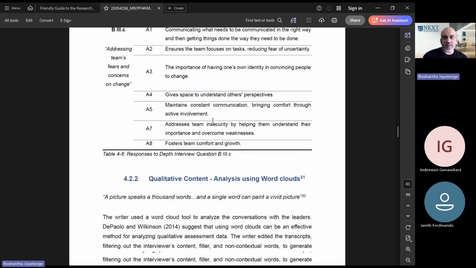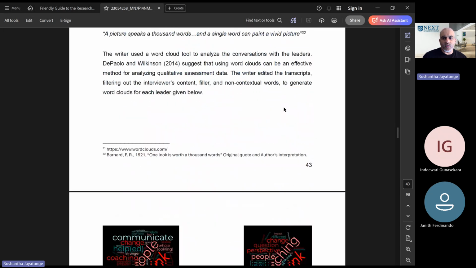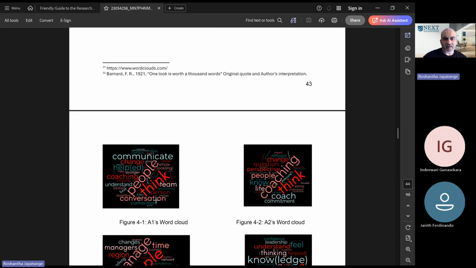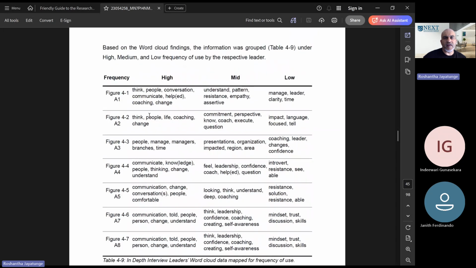Then when I did that, I used word clouds. A word cloud is where I put that person's whole interview into this word cloud generator, and these are the words that came out. So when I see these words, is there a pattern? Then I have again put, like I said, high, medium, low.